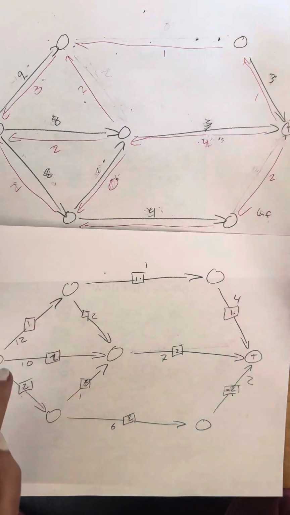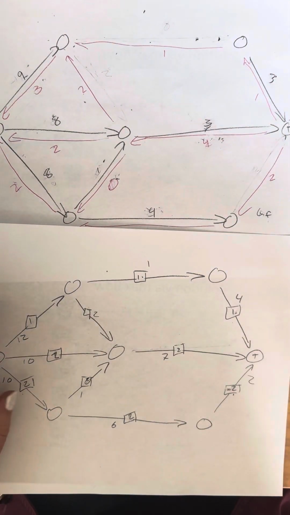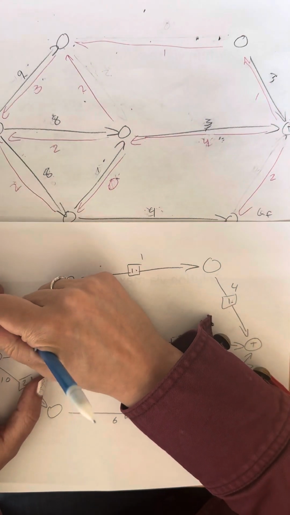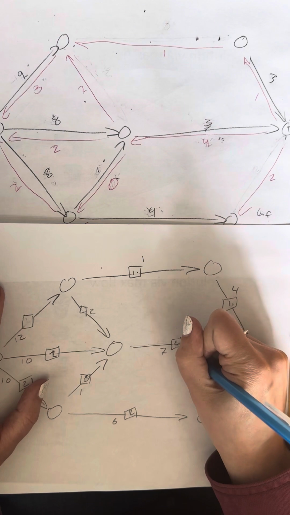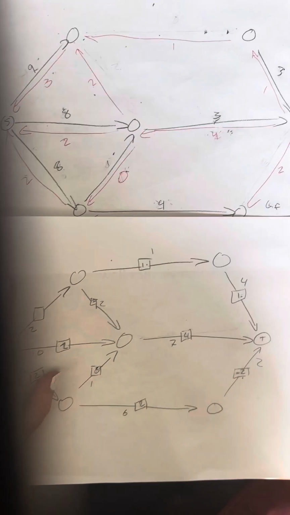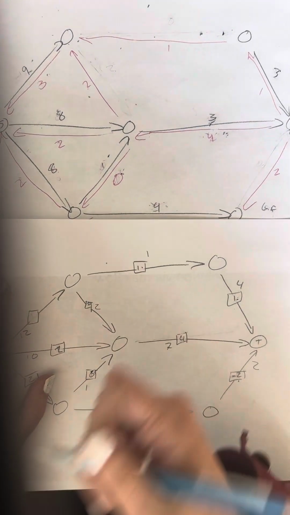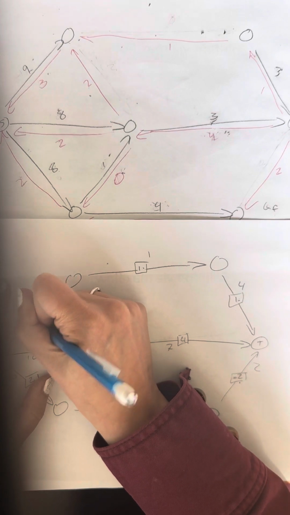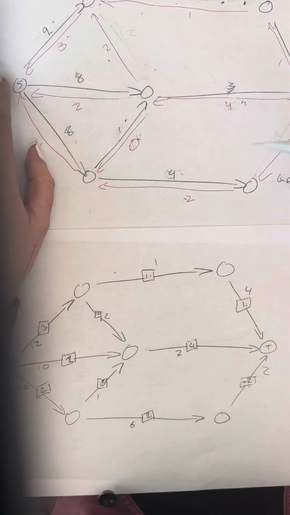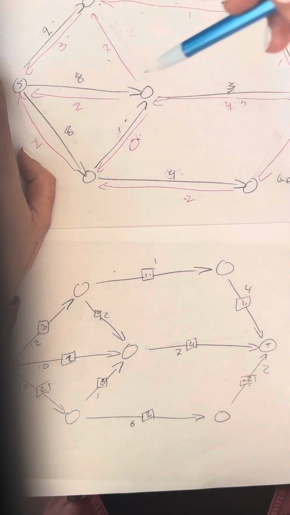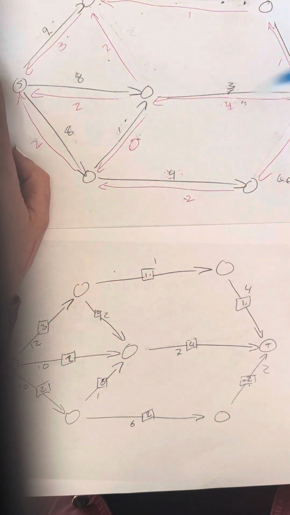So then down here, I can update based on my red numbers. So this is 4, this is 2, and this is 3. Okay, so I see yet another path here, which is this 8, 1, 3.